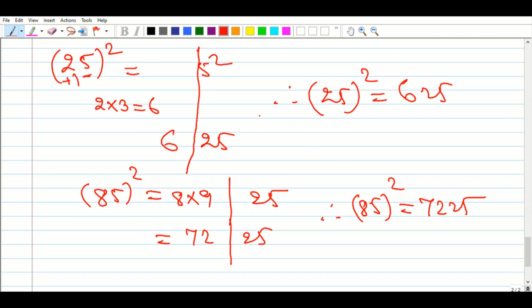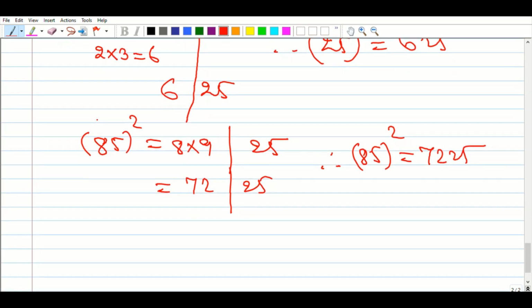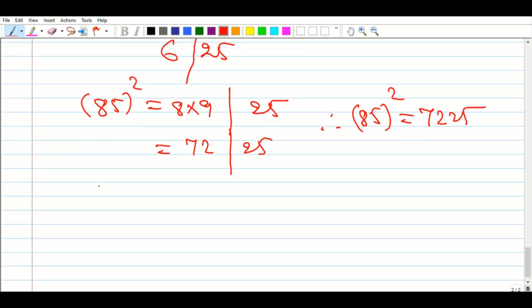Isn't it, my dear learners? It is helpful for everyone, you can use it anywhere. There is no problem, isn't it? For any number with the unit place containing only five.